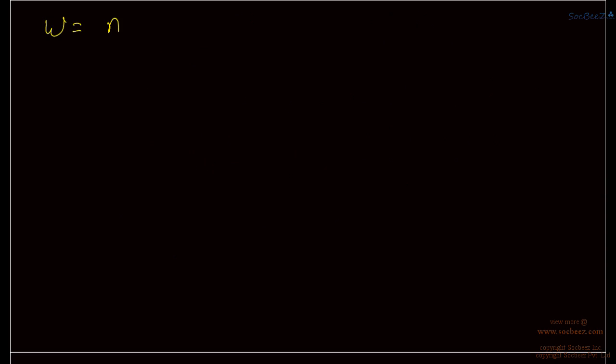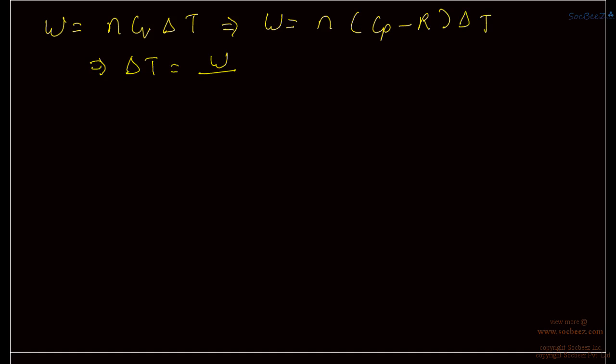As work done equals n Cv delta T. Yes, we discussed it a few times before. So from here work done comes out to be n into Cp minus R, since Cv equals Cp minus R, into delta T. Okay, so from here the value of delta T equals work done upon n into Cp minus R.